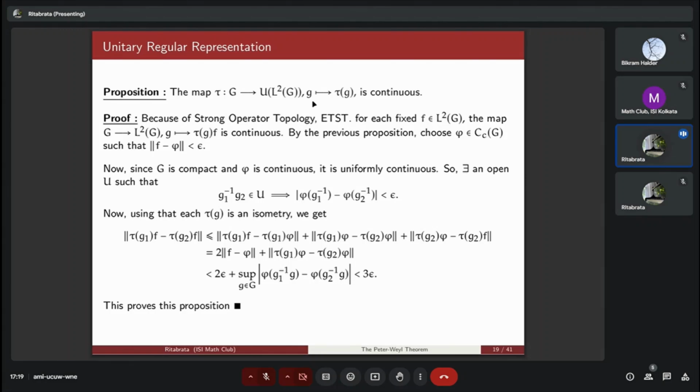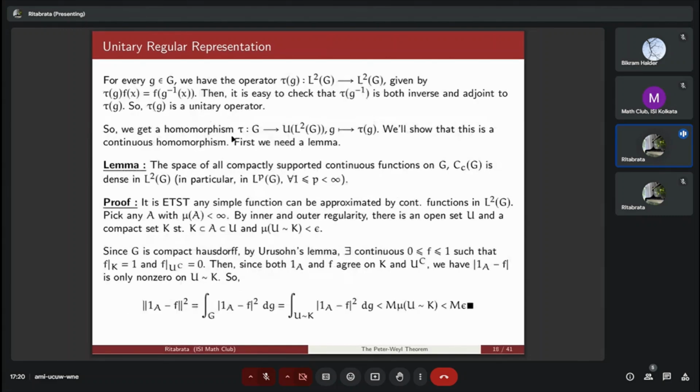We need to show that all evaluation maps are continuous. So it is enough to show that for each fixed square integrable function f, the map from G to L2(G) given by G goes to tau G times f is continuous. That is, G goes to f of G inverse x is continuous. This is how we define our tau G, f of G inverse x.